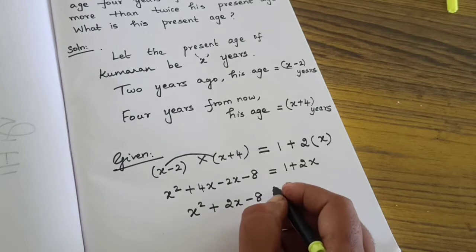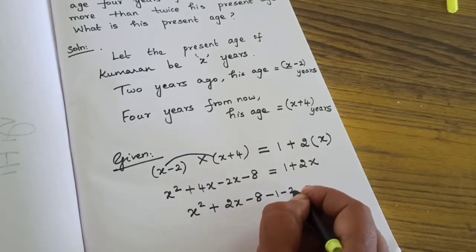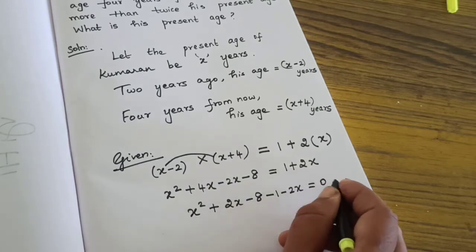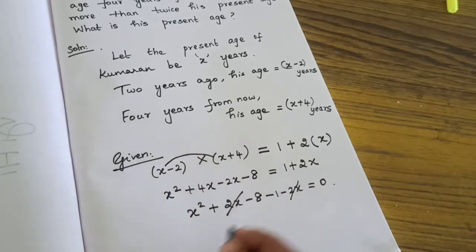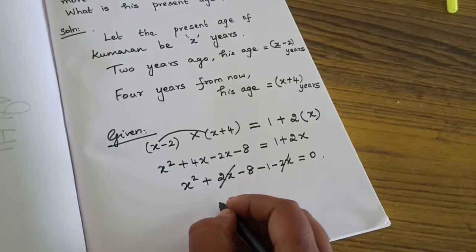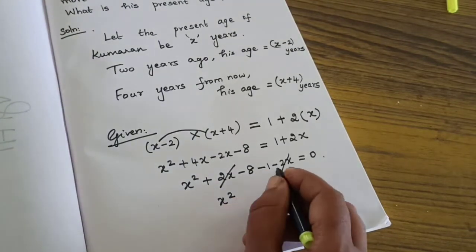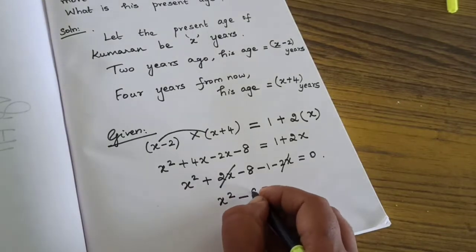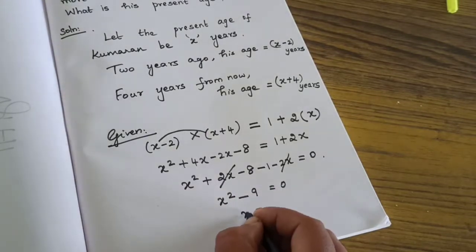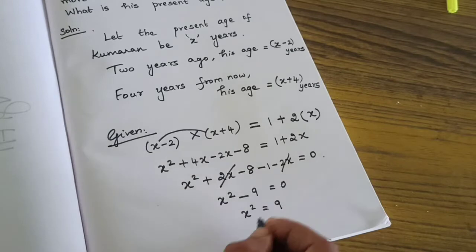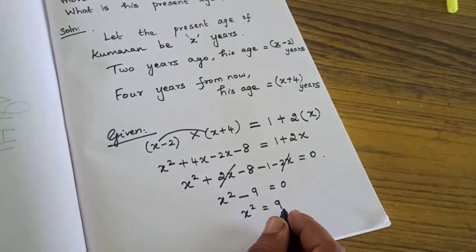Take all the terms this side. Minus 1 minus 2x equal to 0. Now plus 2x and minus 2x cancel. Very easy, no? So x square minus 8 minus 1, minus 9, which is equal to 0. So x square equal to 9. So for which numbers? When we square two numbers, we will get 9.